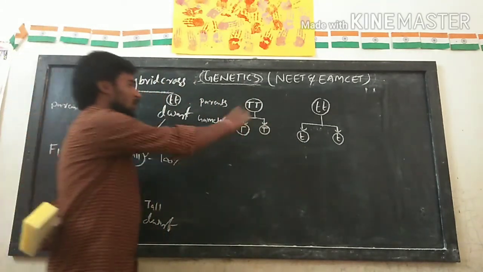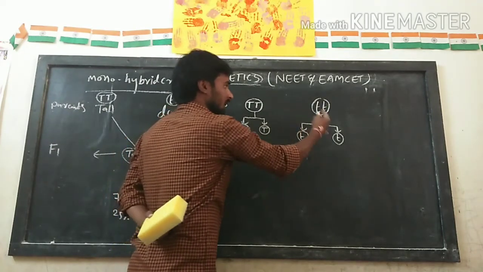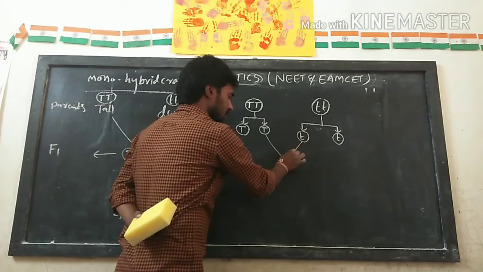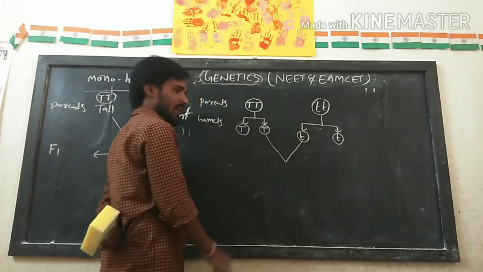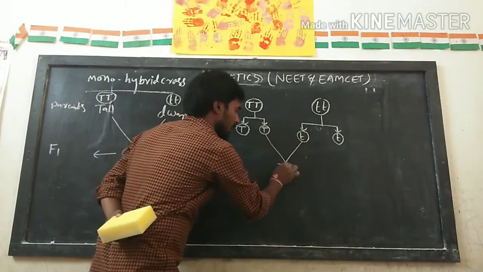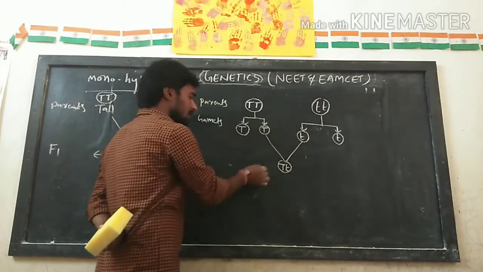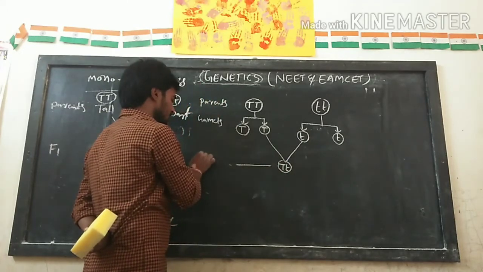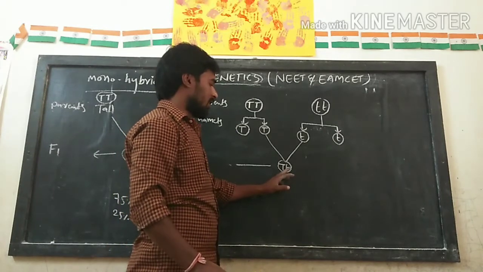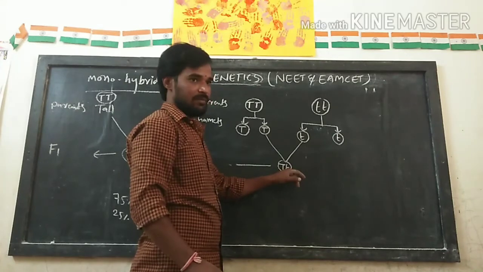Any one gamete from one parent and another gamete from the other parent cross-hybridize to form one trait. The trait is capital T, small t. So this is the F1 generation. Here capital T small t means the capital is dominant over the small.